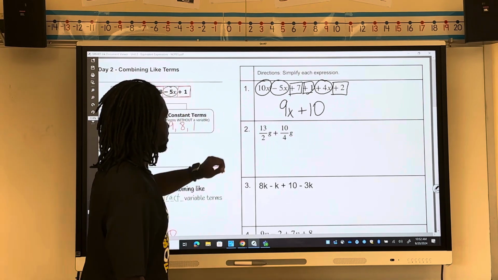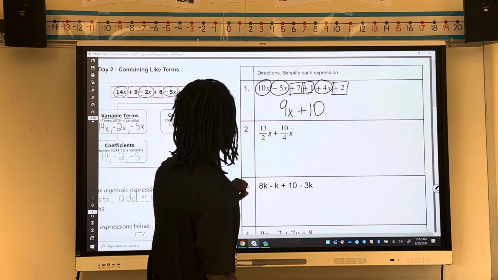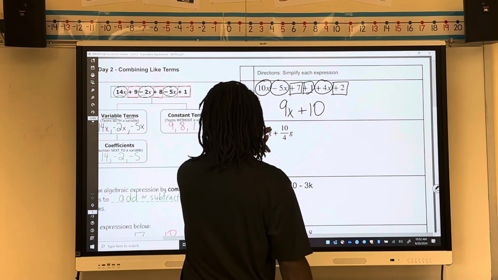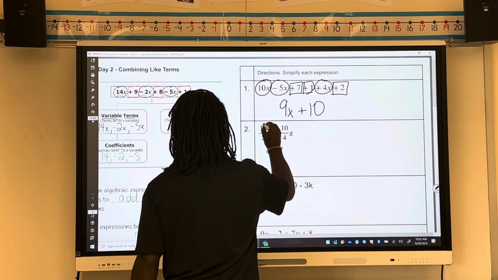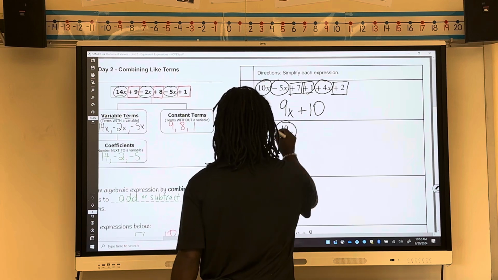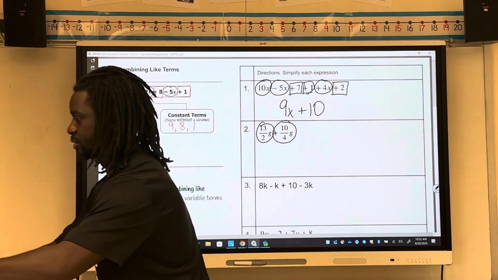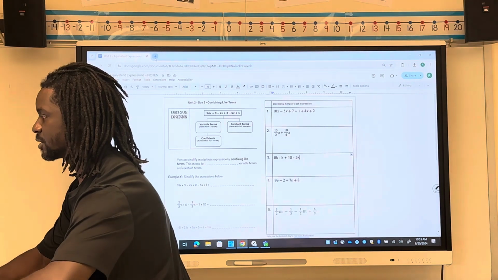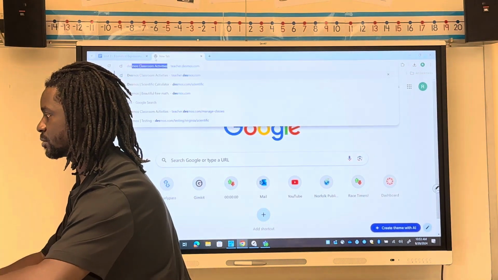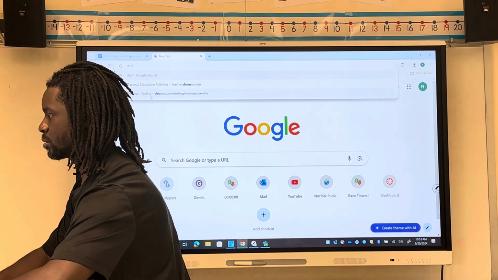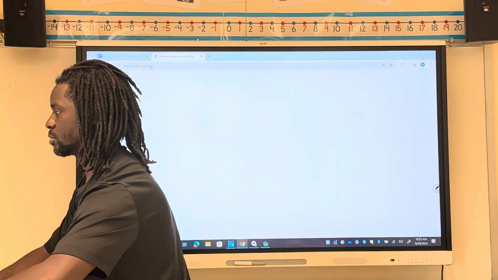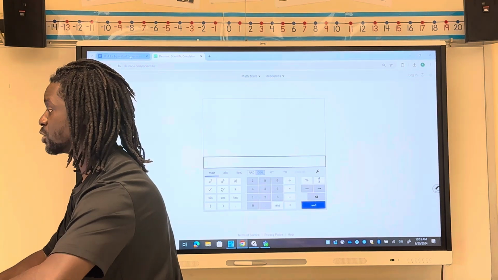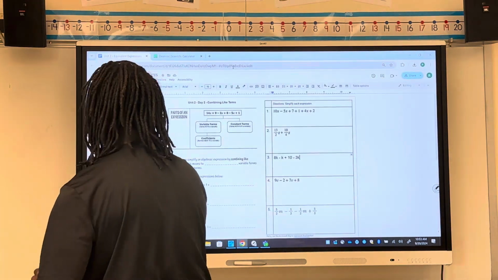All right. Then 13 over 2g plus, so again, for these ones, I'm just circling both of these and I add them, and I actually need to pull up my Desmos. All right, just want to show y'all how to put this into the calculator.